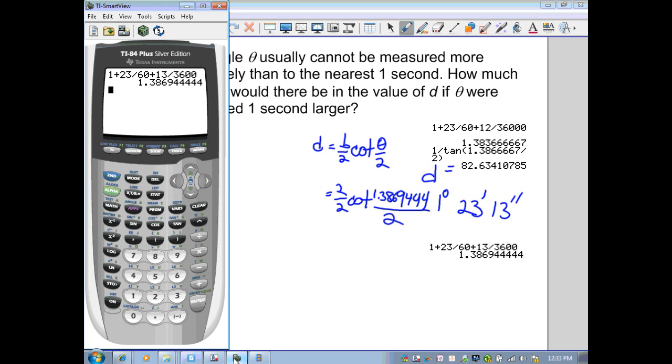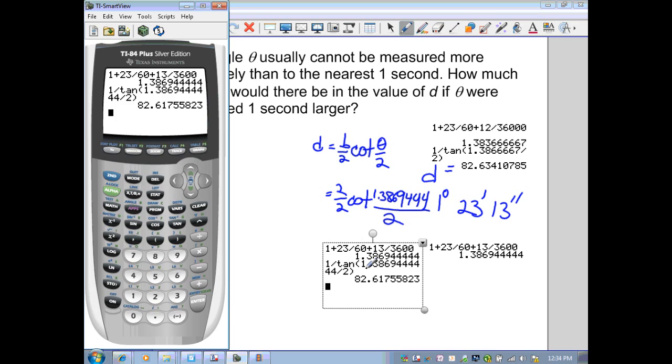All we need to do is substitute into the calculator. Again, cotangent is the reciprocal of tangent, so that's 1 divided by tangent of 1.38694444 divided by 2. And I get my new value for D.